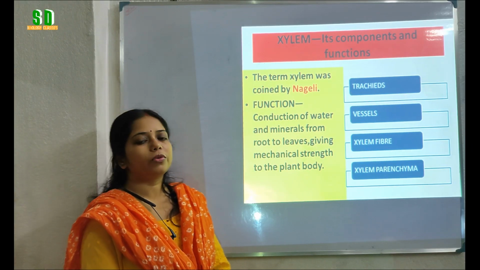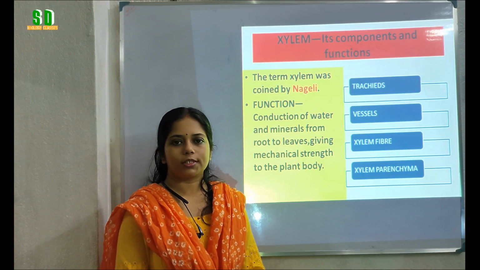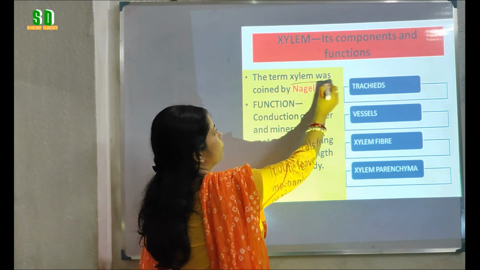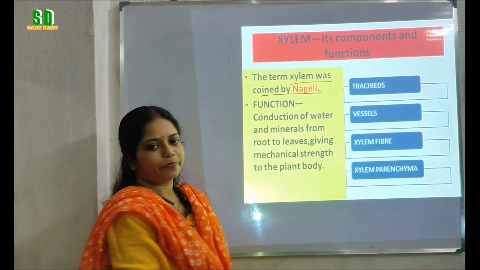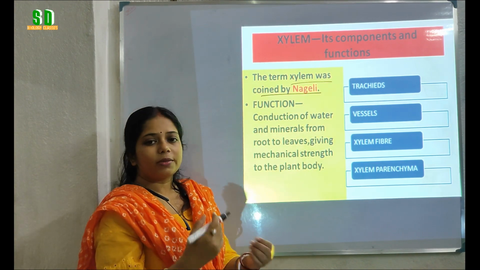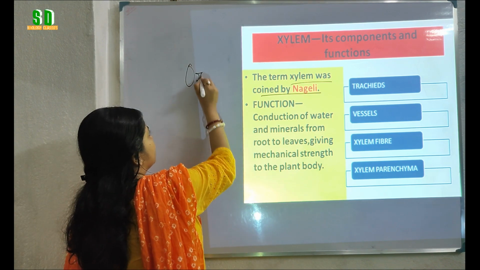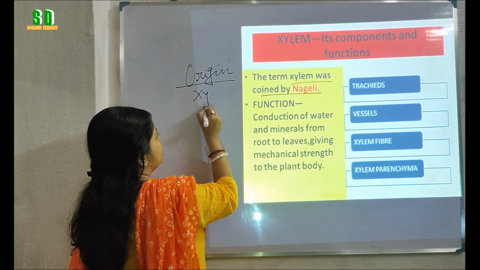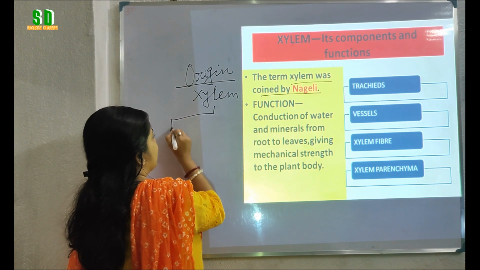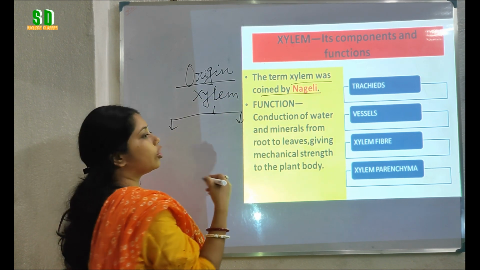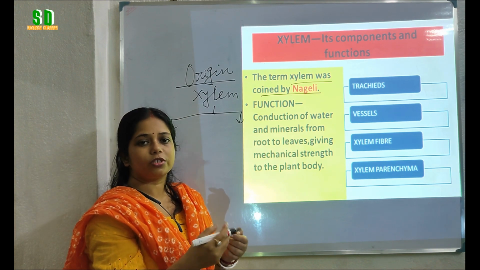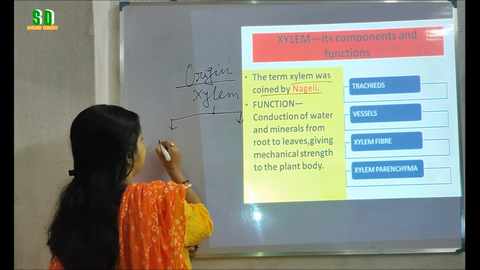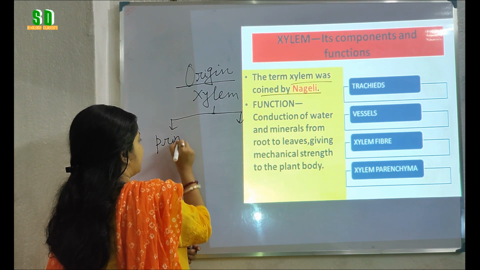So students, now we will talk about xylem tissue, its components and its functions. The term xylem was coined by Nageli. On the basis of origin, we can divide the xylem tissue into two types. The first formed xylem tissue, which we can see during the primary growth of the plant, during the seedling stage, is called the primary xylem.